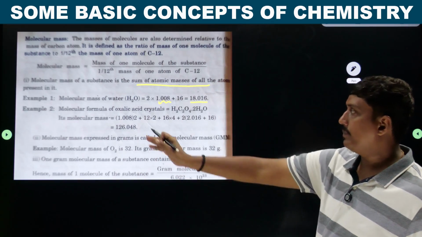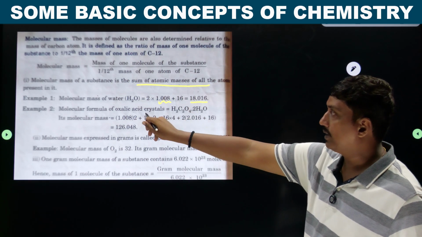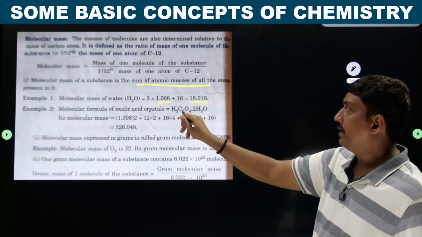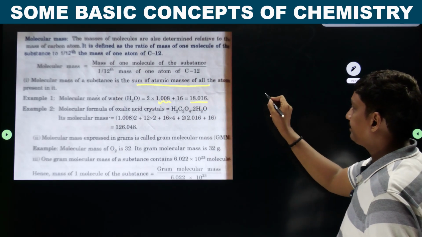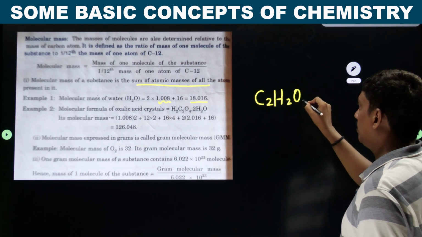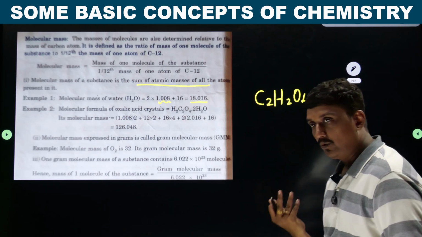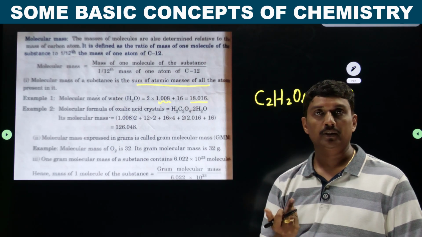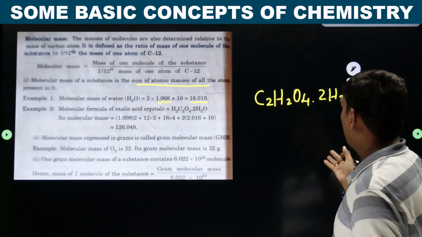In the same way, take oxalic acid, a dicarboxylic acid. Oxalic acid in hydrated form is C2H2O4·2H2O. Already we know the molecular mass of water, so no need to calculate it again.